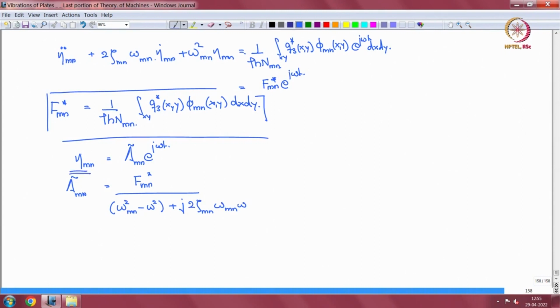This double derivative here has resulted in minus omega square. This one derivative has resulted in the j, and this has positive sign that has resulted here.